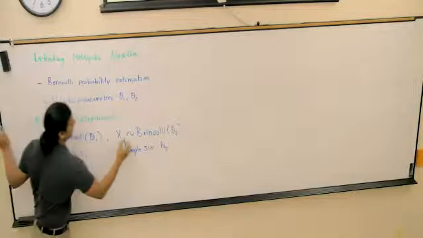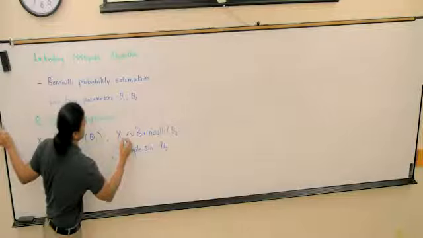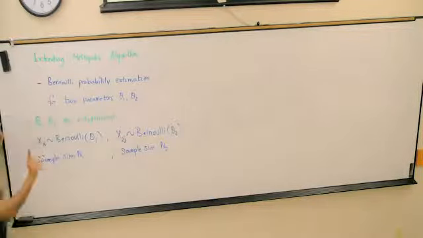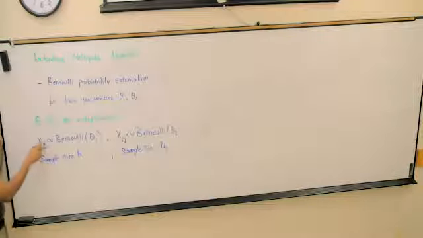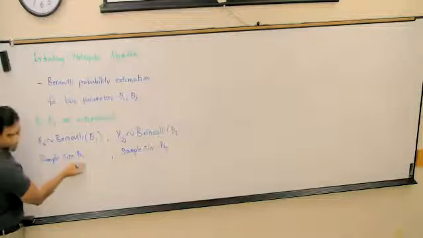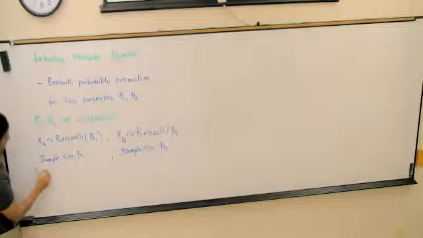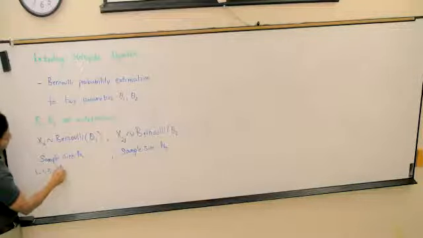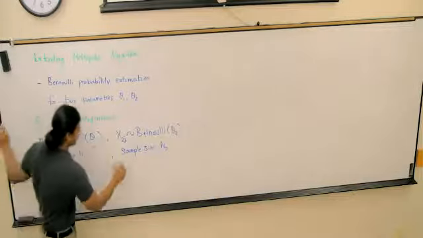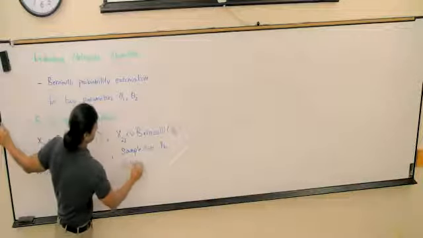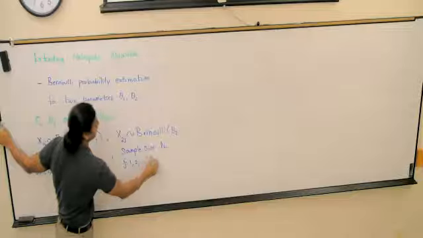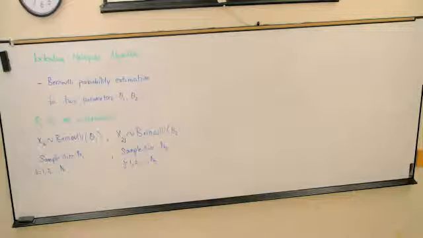Should probably put i, j there, because we are going to generate random variables of size n1. So i would be 1, 2, all the way up to n1, and j, 1, 2, all the way up to n2. Good.